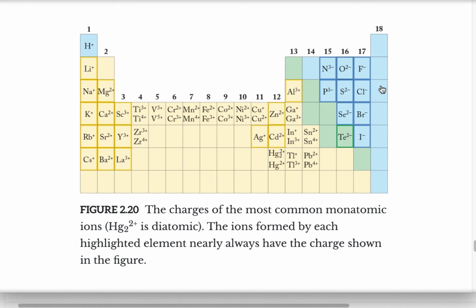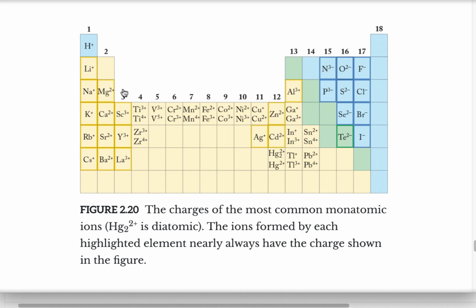Now we're over here. These are the noble gases in column 18. And check it out. All of the halogens, they form -1. All of the column 16, they form -2, at least down to tellurium. And then over here, the nonmetals in group 15, they form -3.